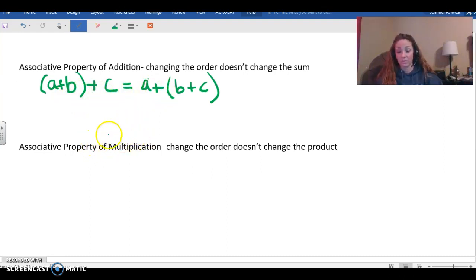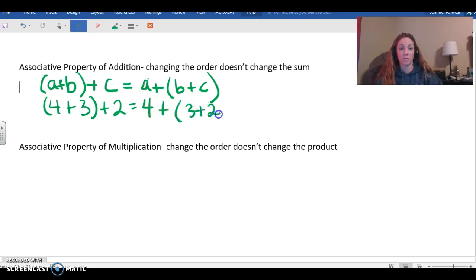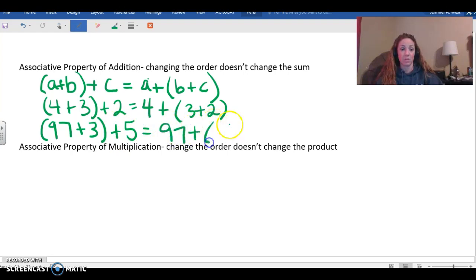So if you have, let's put some actual numbers in there: 4 plus 3 plus 2 will equal the same thing as 4 plus 3 plus 2. Or, another example to get in your notes, 97 plus 3 plus 5 also equals 97 plus 3 plus 5. You're going to have to hit pause so you get all that in your notes.